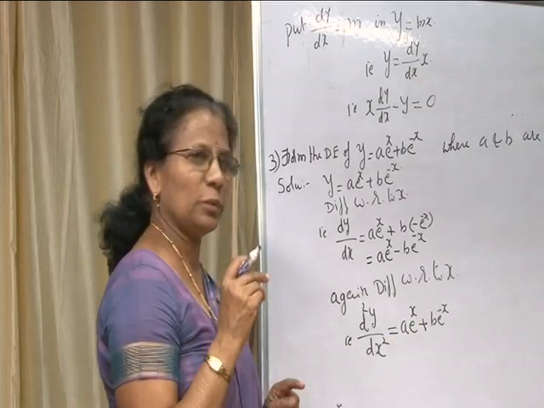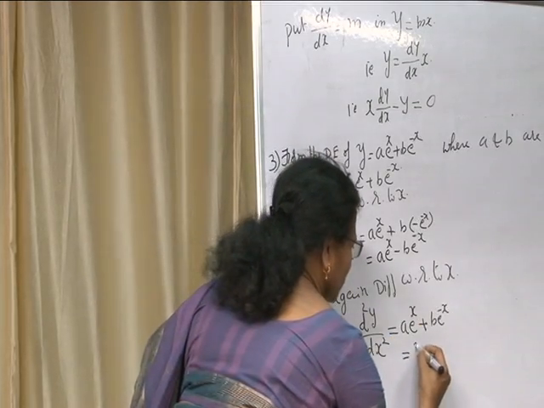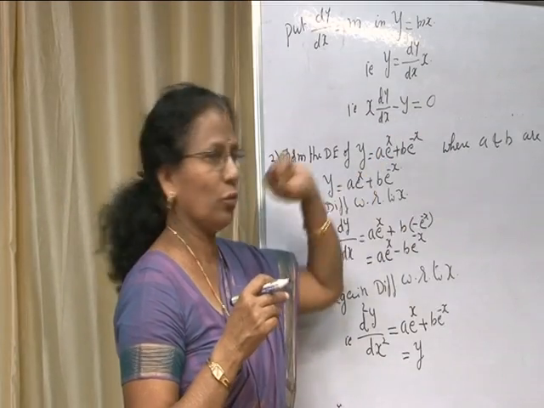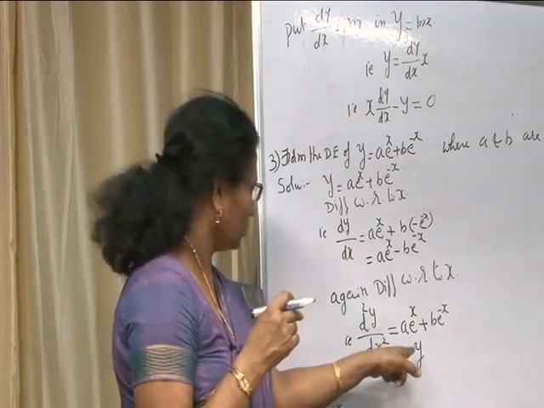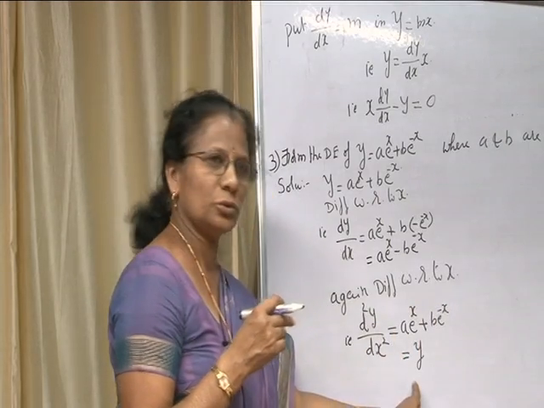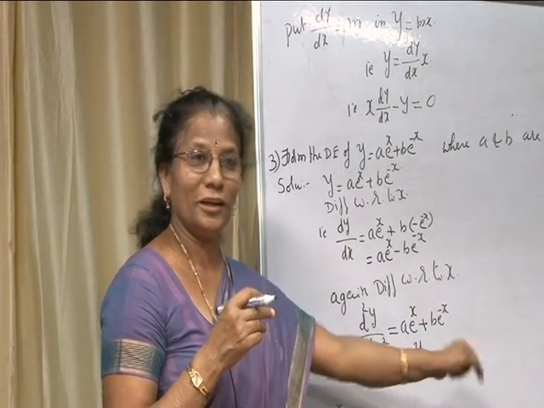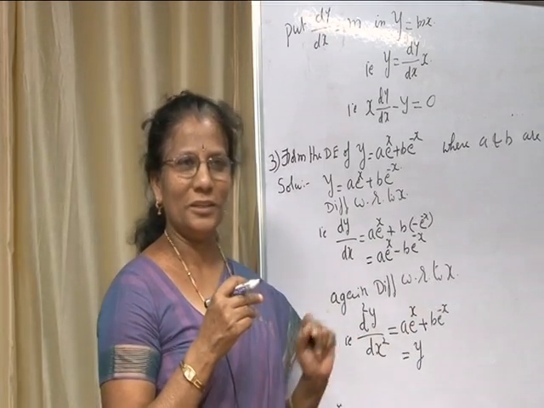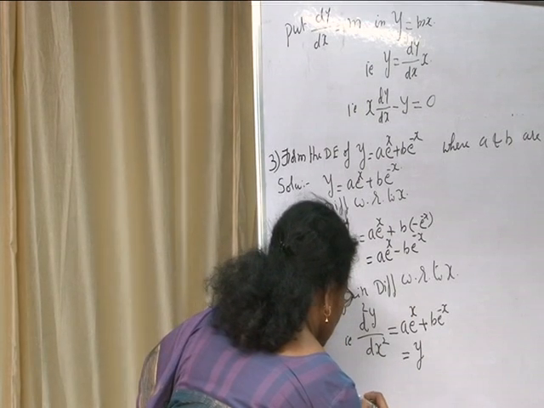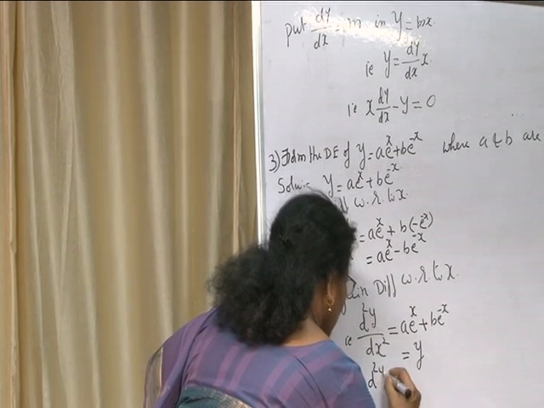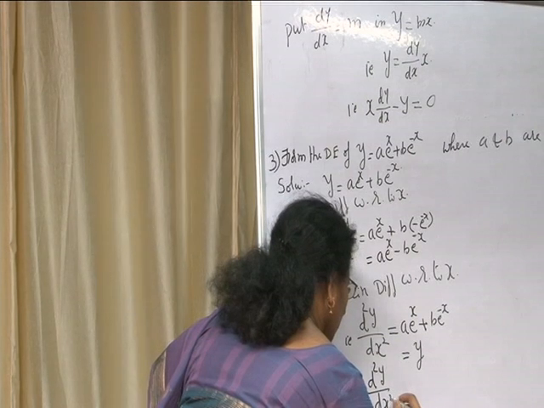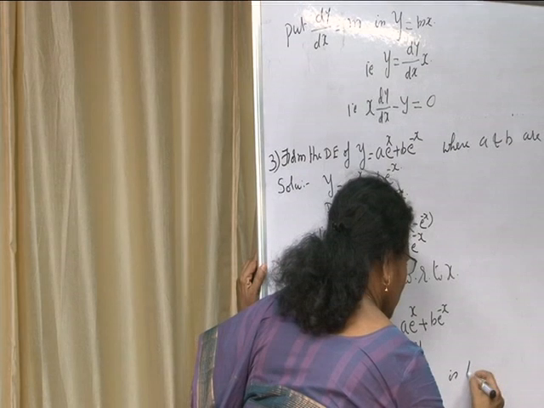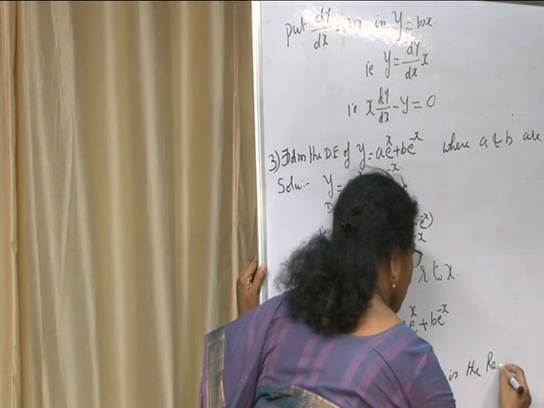So, minus into minus is plus. That is a e to the power of x plus b e to the power of minus x, which is equal to y. So, in the place of this we can substitute y. So, we can't see a and b. Like this we are eliminating the arbitrary constants a and b. That is d squared y by dx squared minus y is equal to 0, the required differential equation.